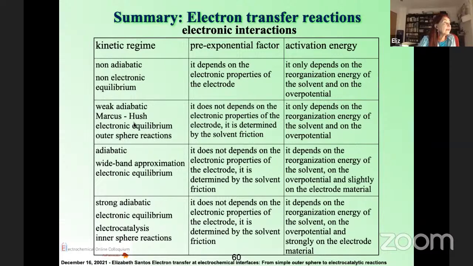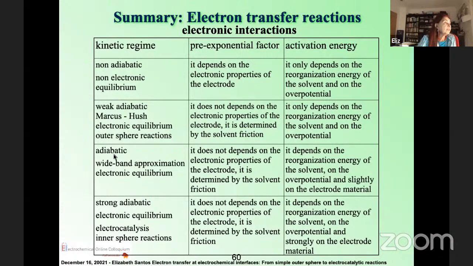In the case of weak adiabatic interaction, the case of Marcus and Hush, the pre-exponential factor is determined by solvent friction, which does not depend on the material, and the activation energy also doesn't depend on the material, only on the reorganization energy. In this case, neither do the electrode material properties appear. And then we are in this region where, independent of which electrode we have, the rate constant is the same.